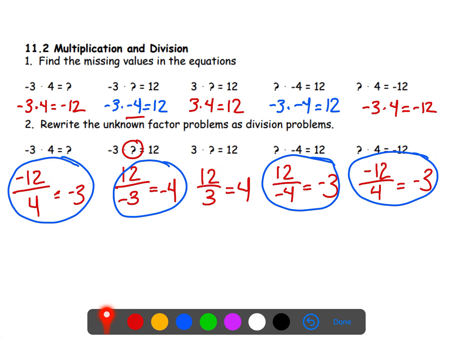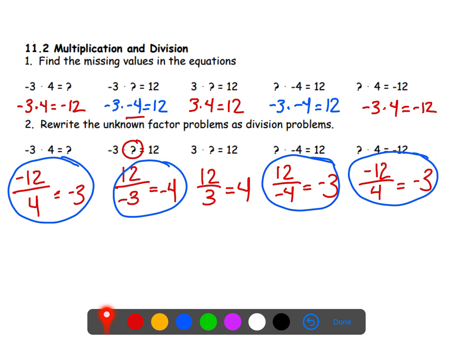The only one that we haven't seen here is what happens if we divide a negative number by another negative number. So let's do that with this first one. We're just going to rearrange it.